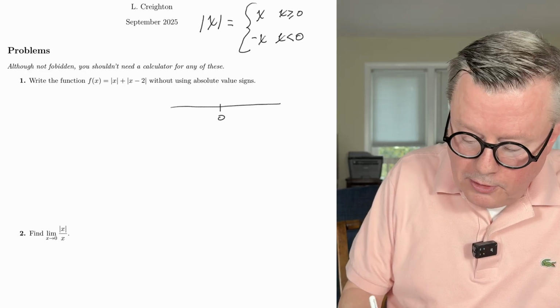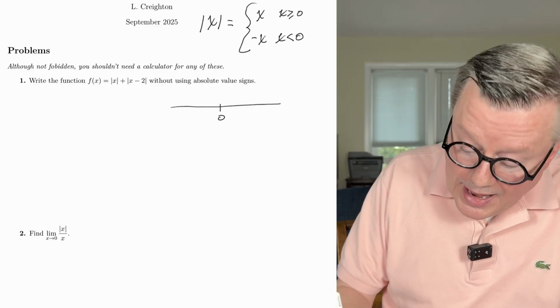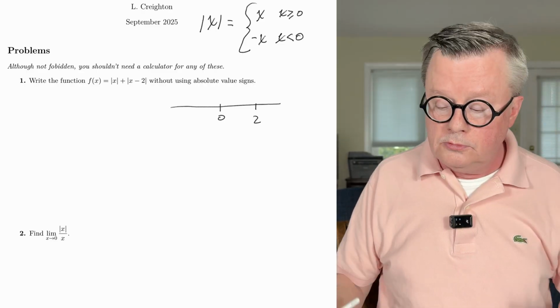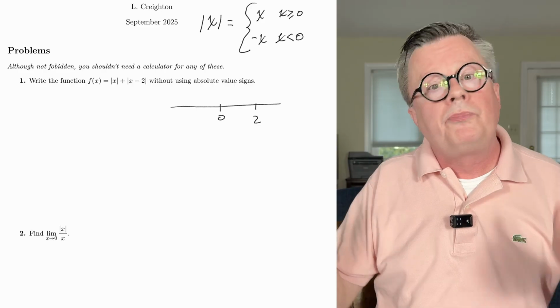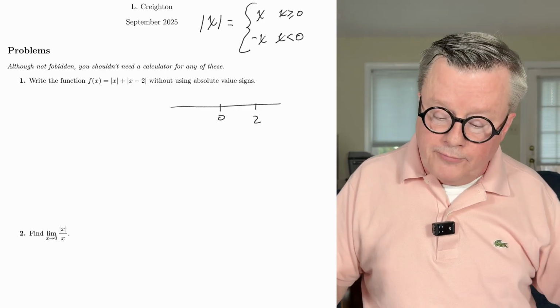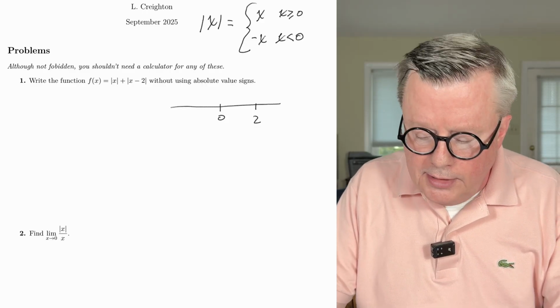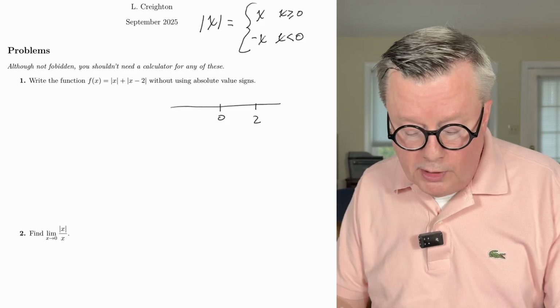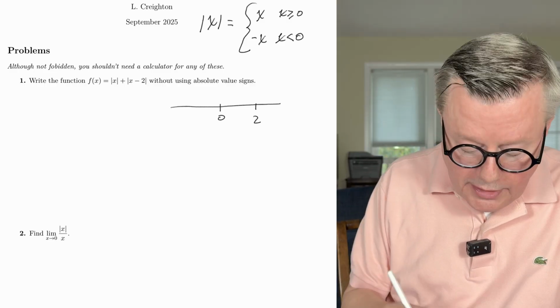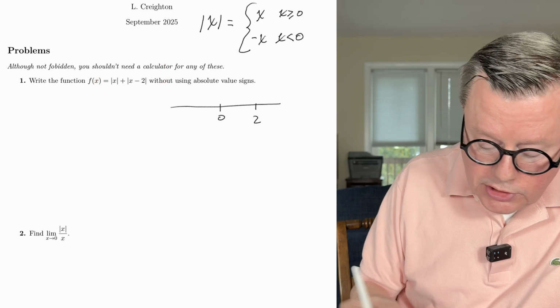Also, the second part of the function, x minus 2, changes signs at x equals 2, right? Above 2, absolute value of x minus 2 is positive. Below 2, it is negative. All right, so how can I use this secret to rewrite the function? Well, it is the sum of two functions.